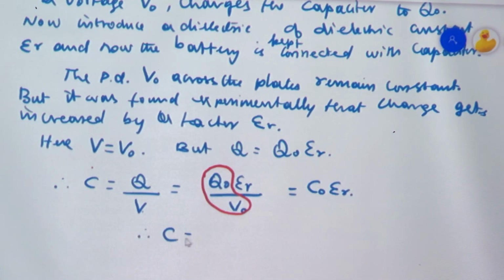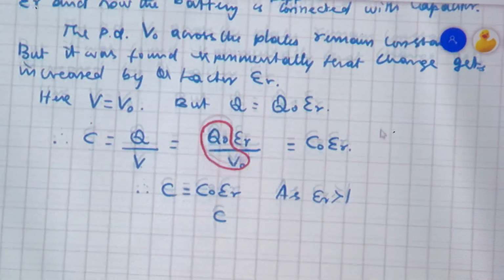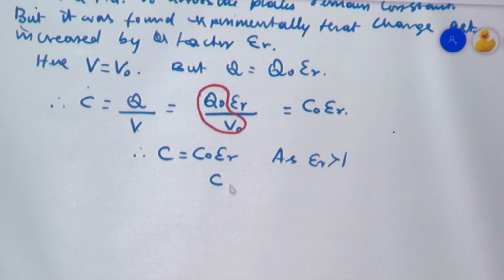Therefore, the capacitance after introducing the dielectric, when the battery is connected with the capacitor, is C equal to C0 into epsilon r. Since epsilon r is greater than 1, the capacitance after introducing the dielectric is greater than the original capacitance.